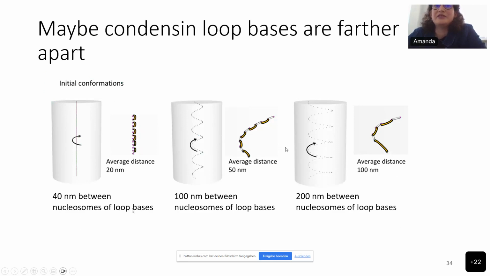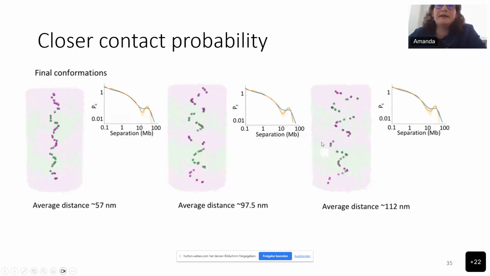And we tried different distances, and we see that the minimum would be to make a linear scaffold. And when condensins are even more apart, then they form this helical path. And then it fitted the contact probability within some error.